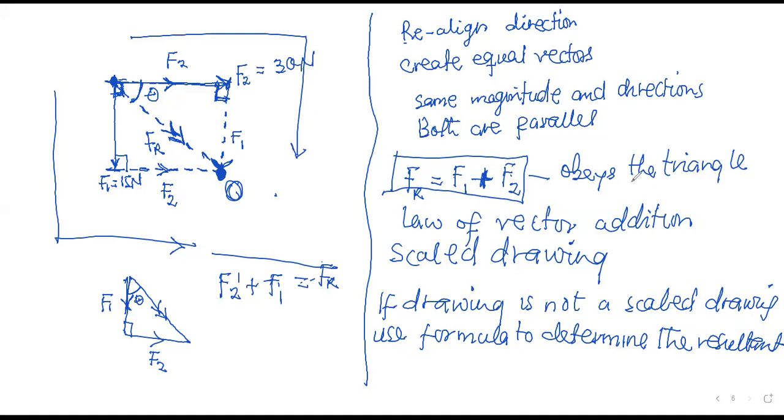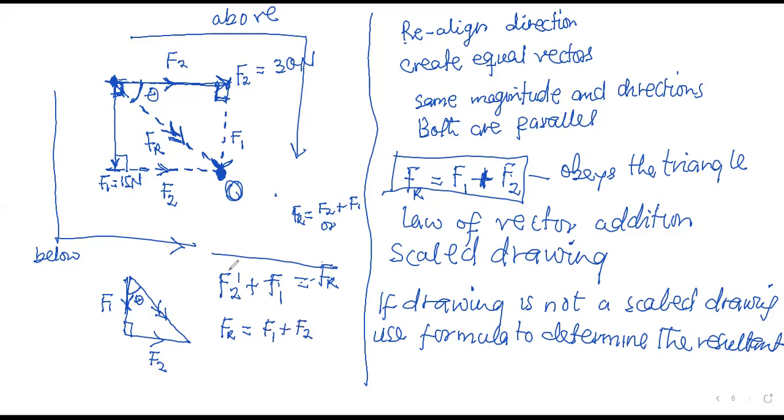So, the triangle law of vector addition, which is after realigning their direction, FR is equal to F2 plus F1, when you look at it from above. When you look at it from below, you can also see that FR is equal to F1 plus F2.